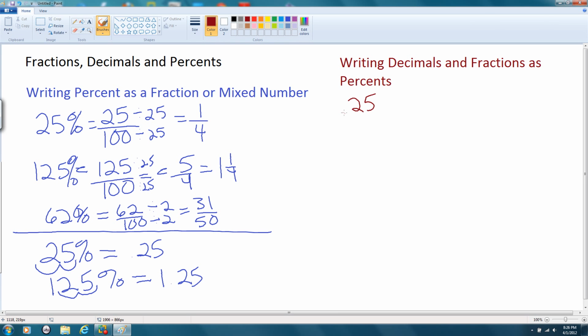To make it a percent, now all I do is move 1, 2 spaces to the right. Before I moved to the left, now I'm moving to the right, and 0.25 is equal to 25%.